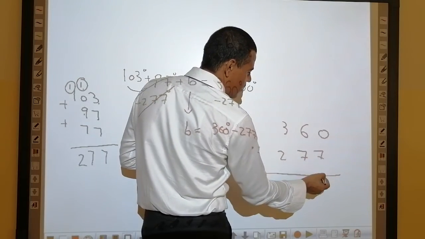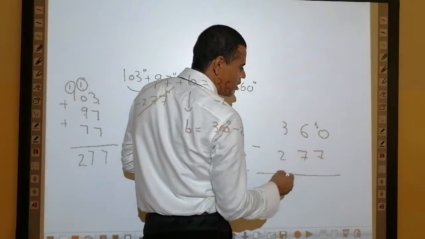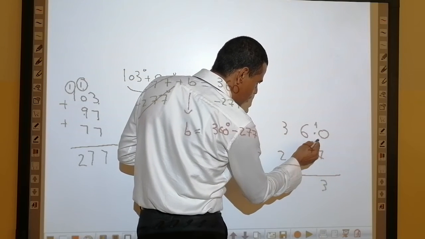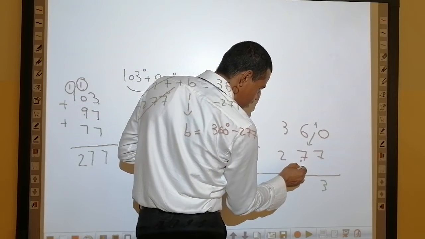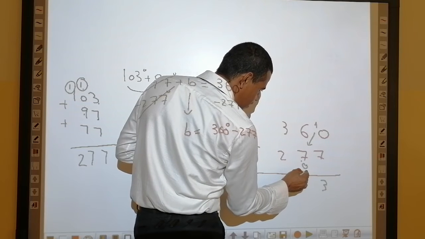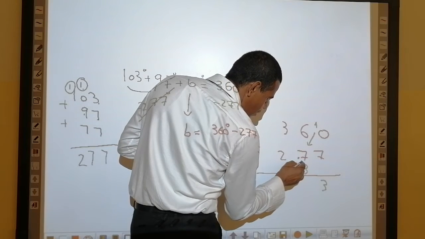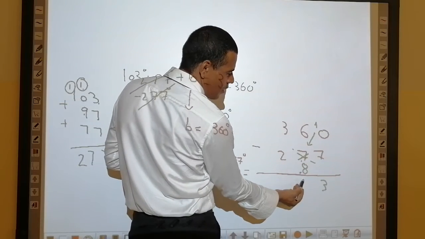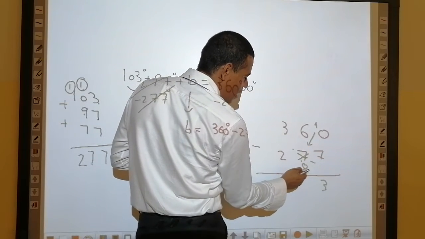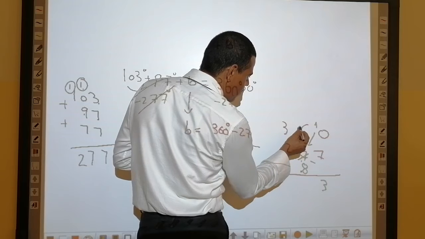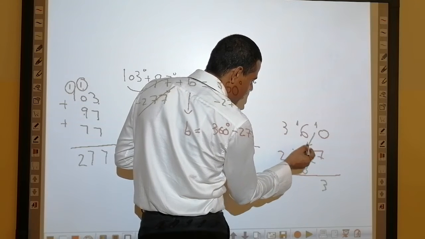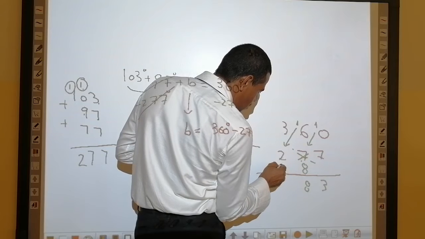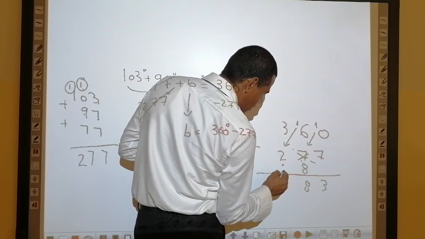0 minus 7 is not possible. I will borrow one. 10 minus 7 is 3. The one I borrowed, I will add it with the 7. 7 plus 1 is 8. Now I will never work with this 7. I will work with 6, with 8, sorry. 6 minus 8 is not possible. I will borrow 1. 16 minus 8 is 8. The one that I borrowed, I will add it with the 2. 2 plus 1 is 3.